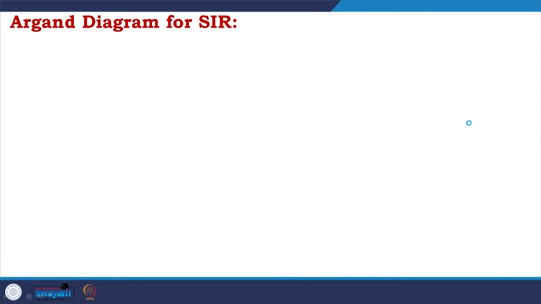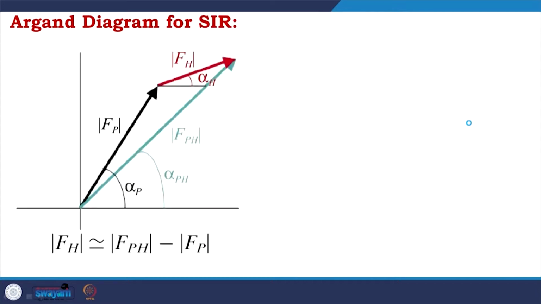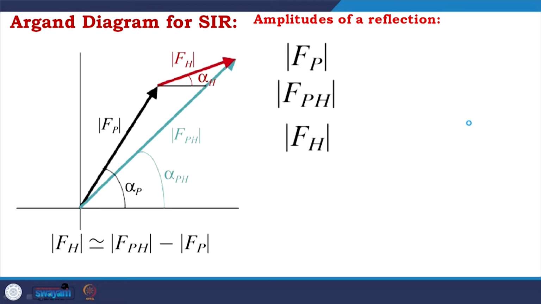Now, coming to the Argand diagram of single isomorphous replacement. You will see many factors here: the amplitude of a reflection, Fp, which is the structure factor of the protein, Fph, which is the absolute value of the structure factor of the heavy metal derived protein, and Fh is the difference, which is the heavy metal's contribution.